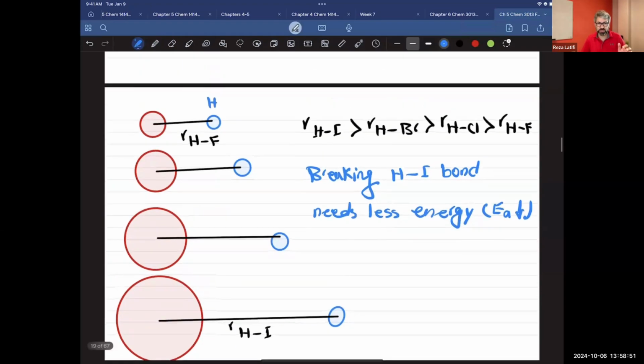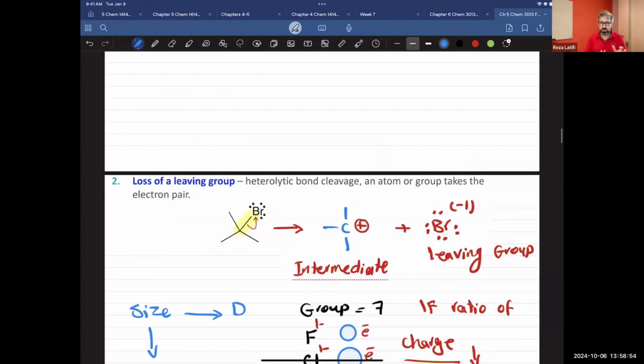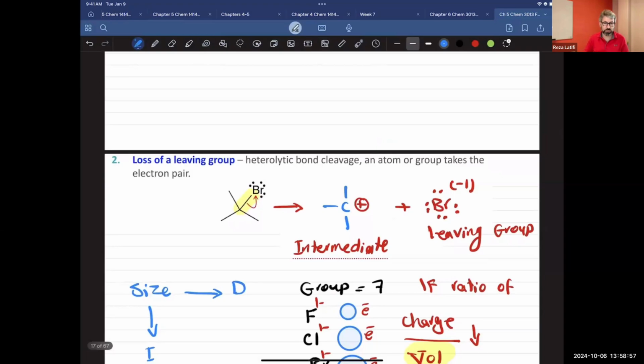So there are two facts here. First, which one will be easier to break the bond for, HF or HI? I'm going to say HI, so breaking HI will be easier. How about carbon-Br, carbon-F, or carbon-iodide? Again, the carbon-iodine bond will be easier to break. You can treat carbon like hydrogen.